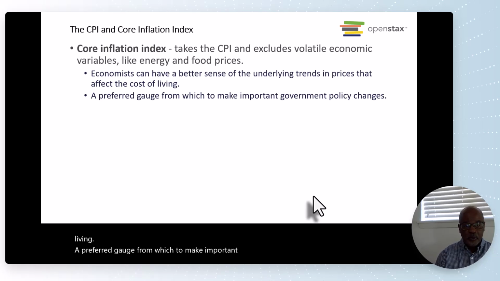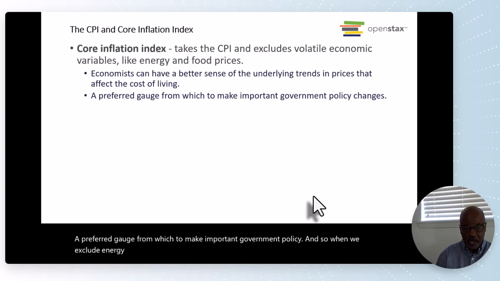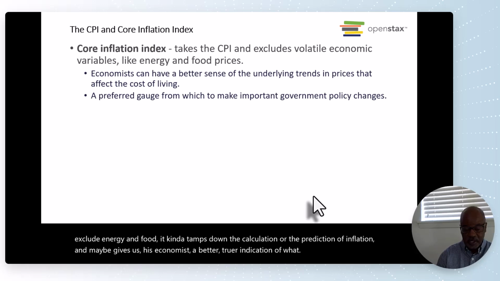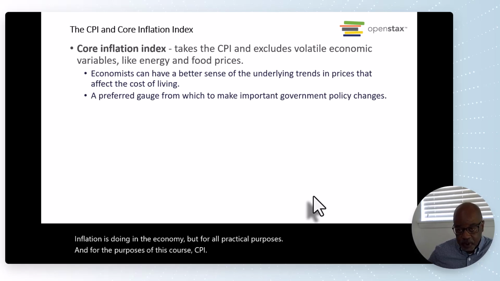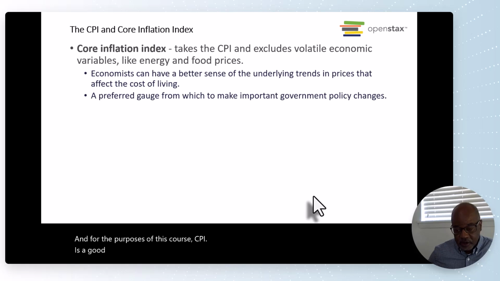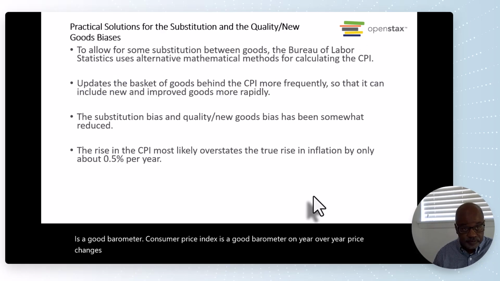When we exclude energy and food, it tamps down the calculation of inflation and maybe gives us as economists a truer indication of what inflation is doing in the economy. But for all practical purposes, and for the purposes of this course, CPI is a good barometer on year over year price changes that occur in our economy.